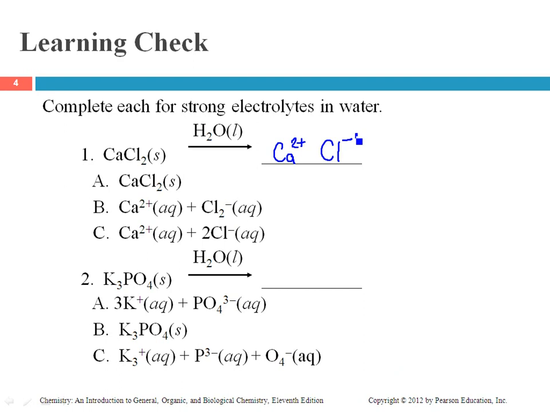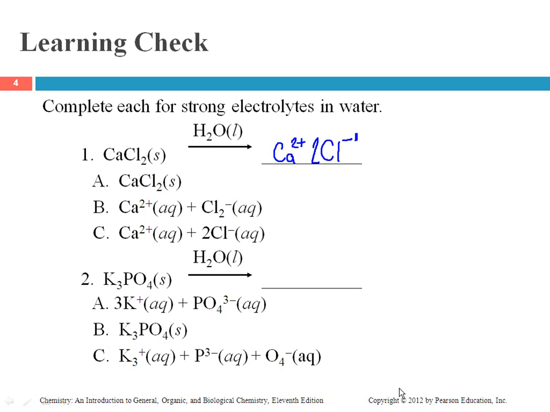We've got our charges, but we do not have our stoichiometry correct. We don't have the same number of atoms on each side. We've got 1 calcium and only 1 chlorine, whereas we need 2. So we're going to need 2 chlorines there.